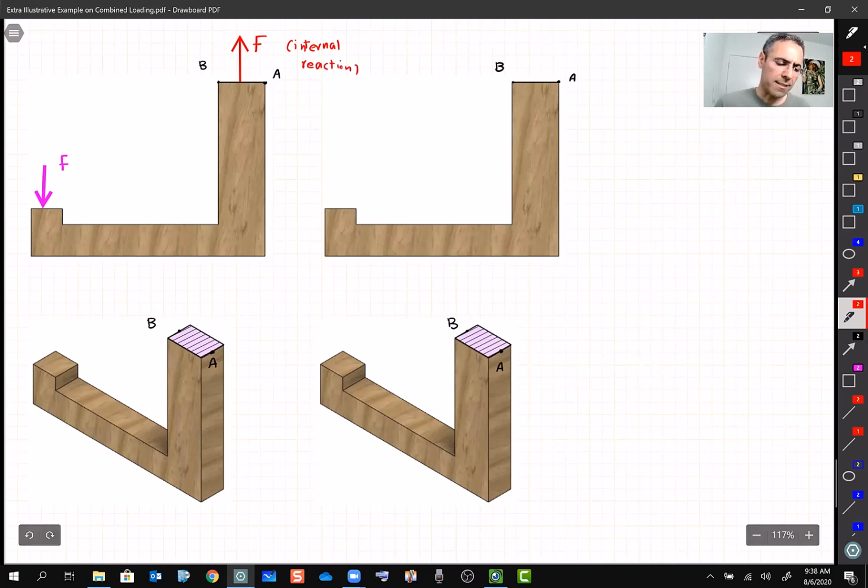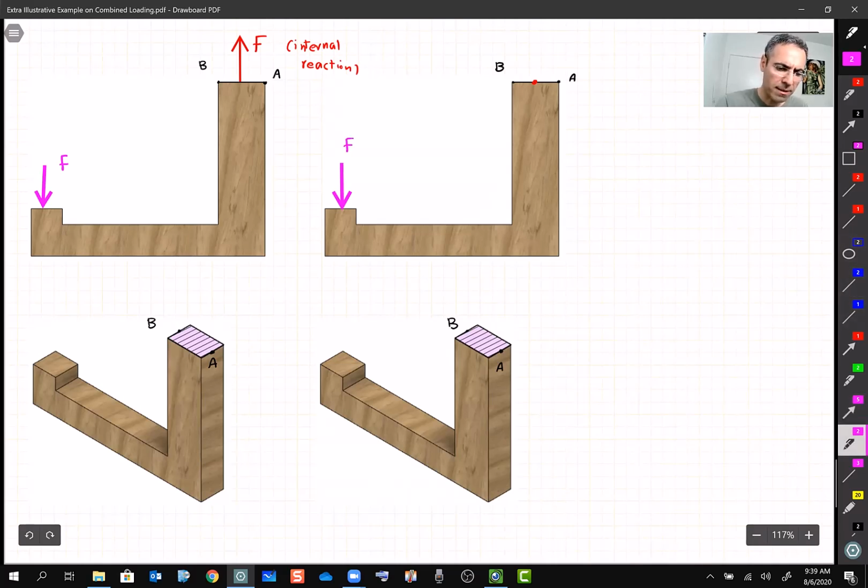So what else? Let's look at this external load F. This external load F tries to spin things. Let's say about this point on the image on the right, this load F tries to rotate things, to create a moment.